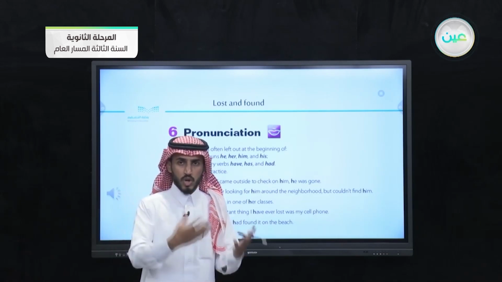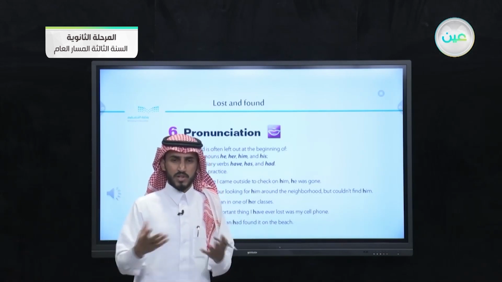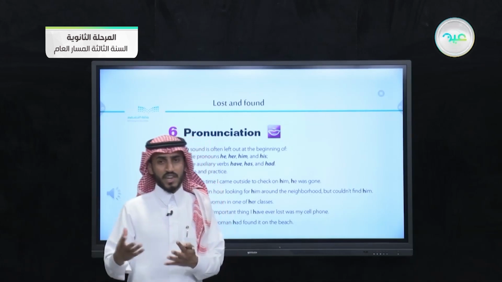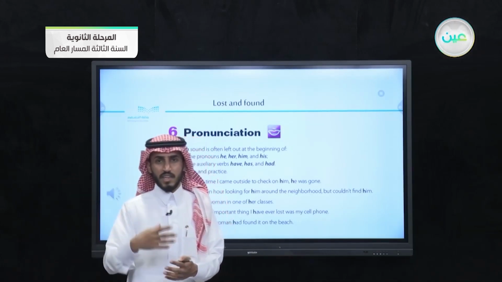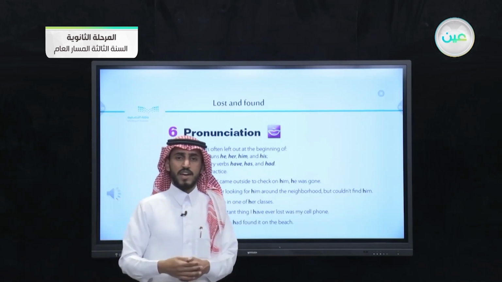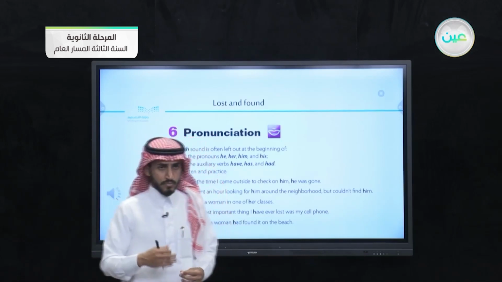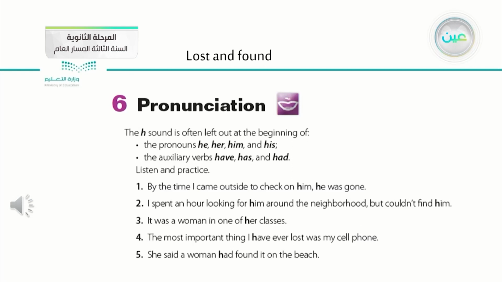So when you listen to any person who speaks English or who is a native speaker, you will be able to understand what they say. And also, after that, you can speak properly. In every pronunciation lesson, we learn a technique that can help us enhance our listening.